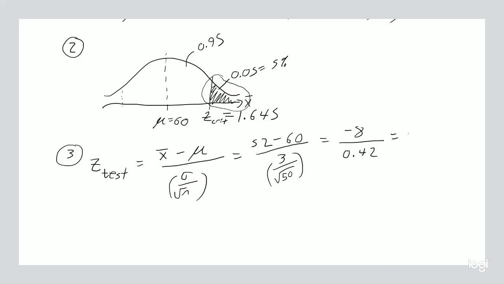And then on the Z scale, that's a negative 18.86. Very far in the negative range.